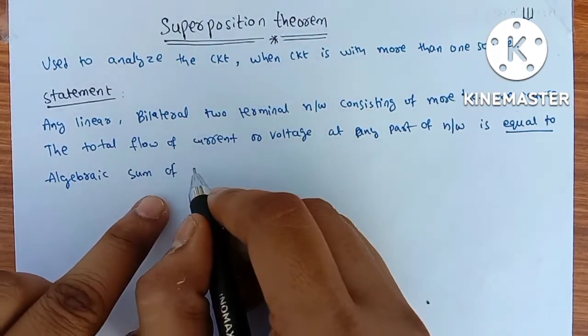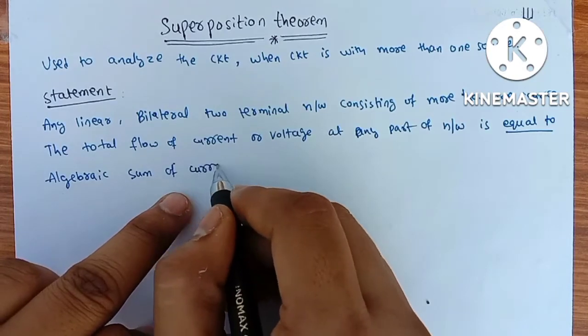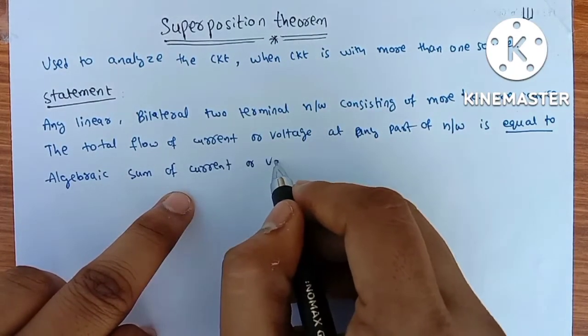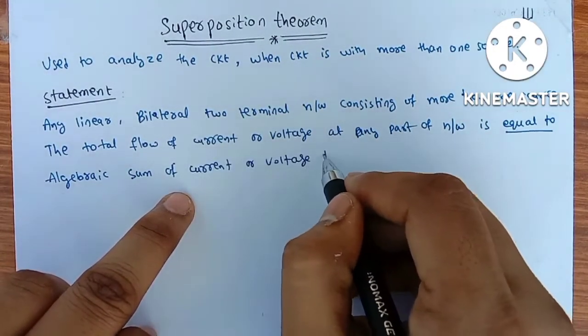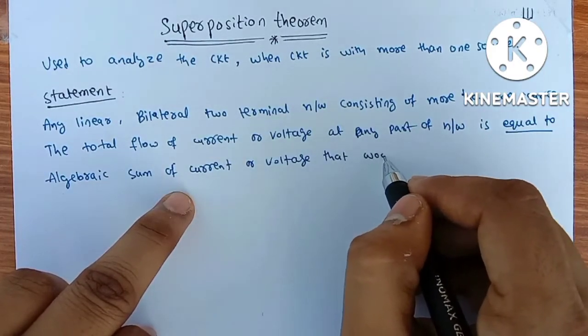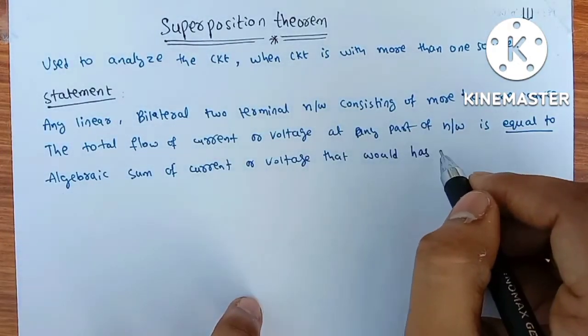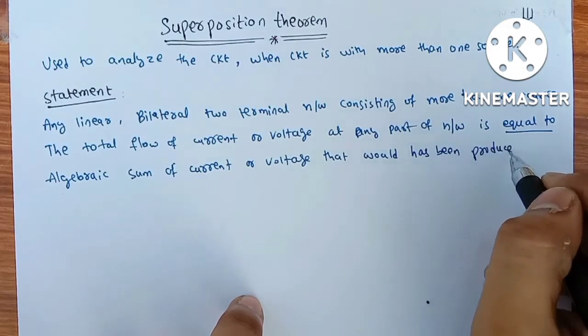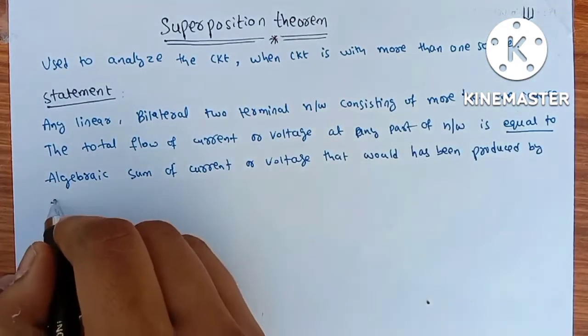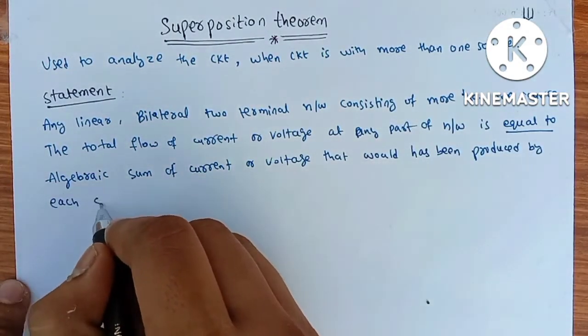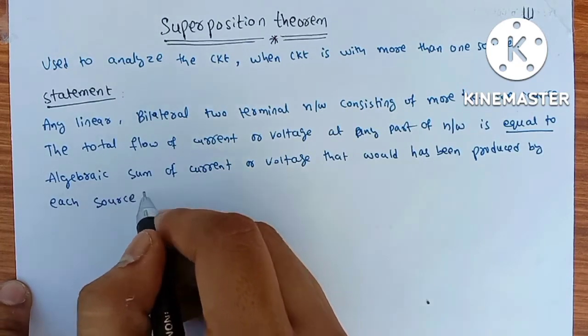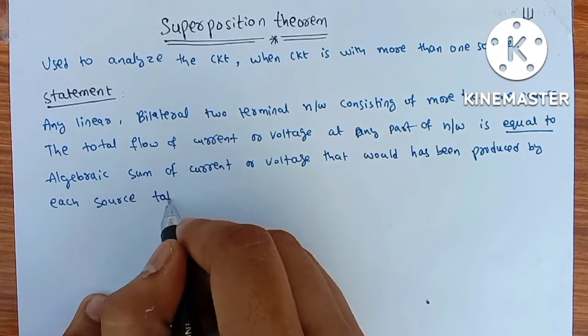So the sum of those currents or voltages that would have been produced by each source taken separately.